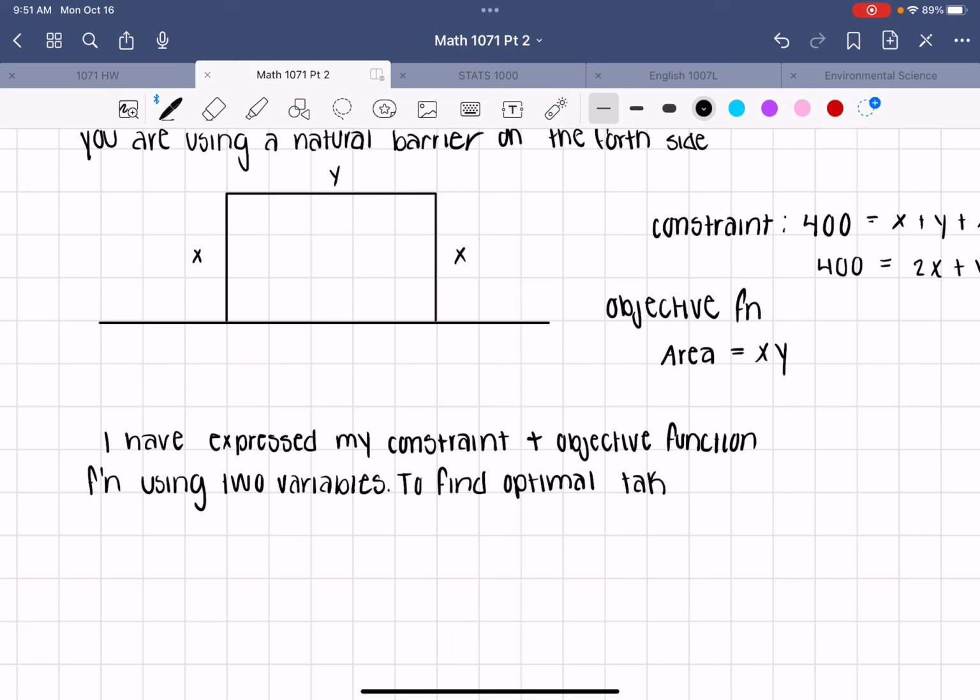So does it make sense? y is equal to 400 minus 2x. So solve the constraint for y, and then I'm going to put that expression for y into my objective function. And then I can take a derivative. Solve the constraint to eliminate one variable and plug this into the objective function.